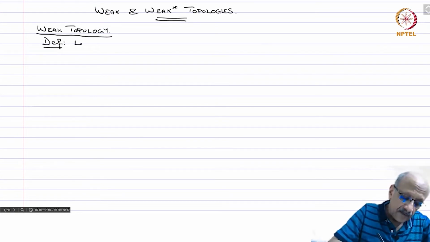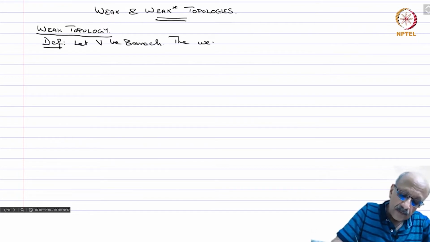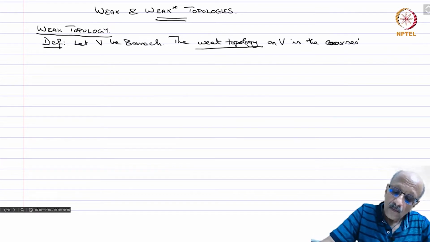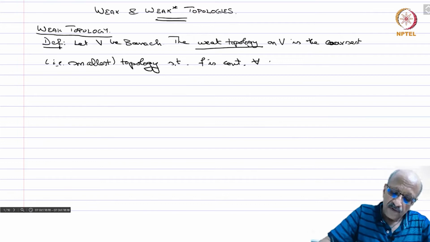So let V be Banach. The weak topology on V is the coarsest, that is smallest, topology such that f is continuous for every f in V star.